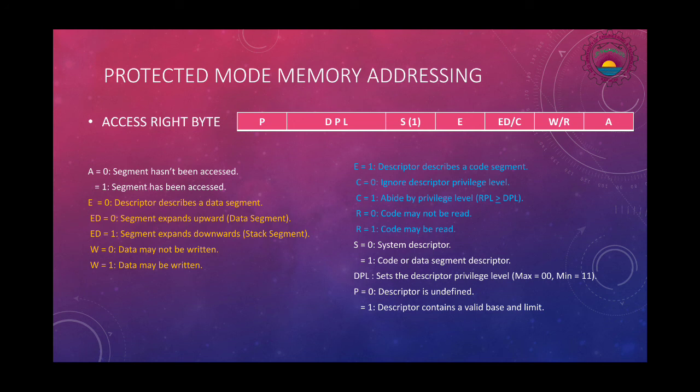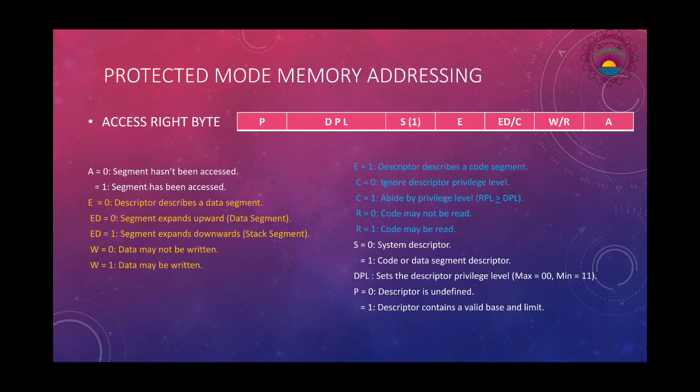The scope of our discussion for this slide is the code or data segment descriptor. We are not going to discuss the system descriptor here, but keep in mind that 2 to the power 4, that means 16 different system descriptors, may be possible. We are not going into the detail of system descriptors. Now we are going to discuss the data segment descriptor, then the code segment descriptor.